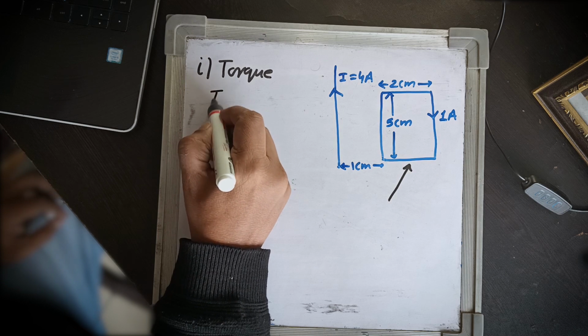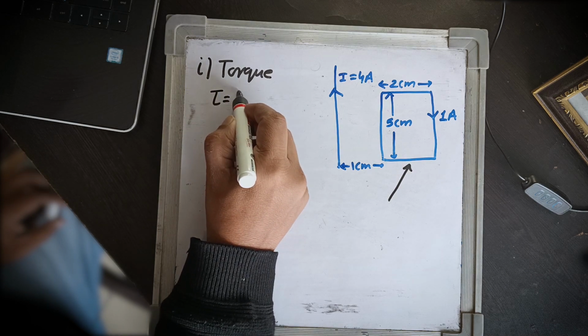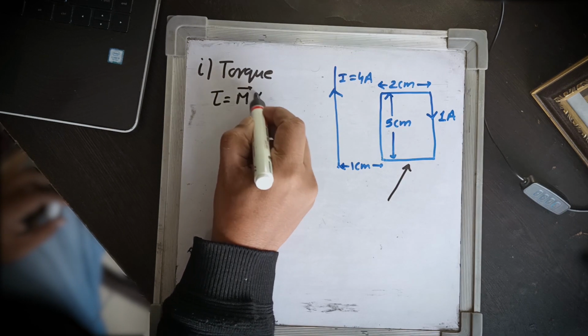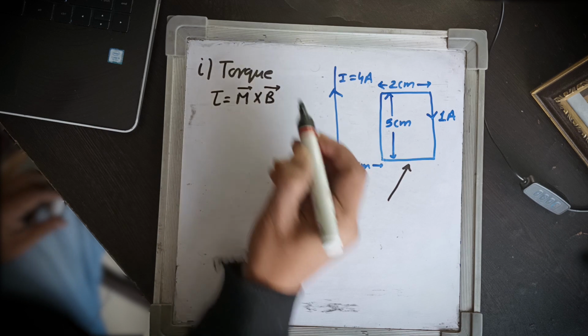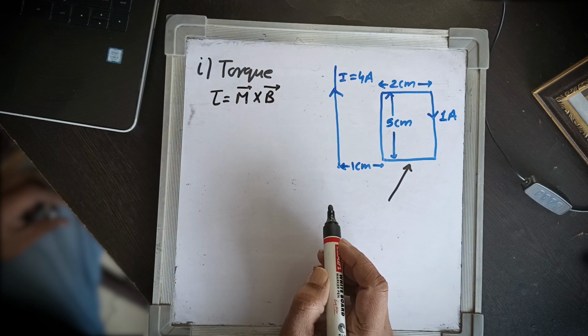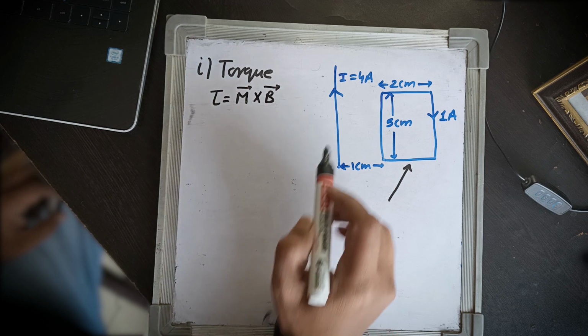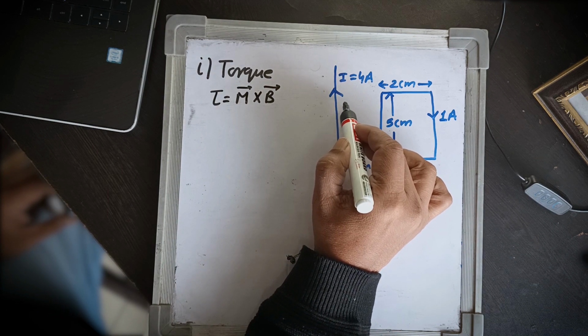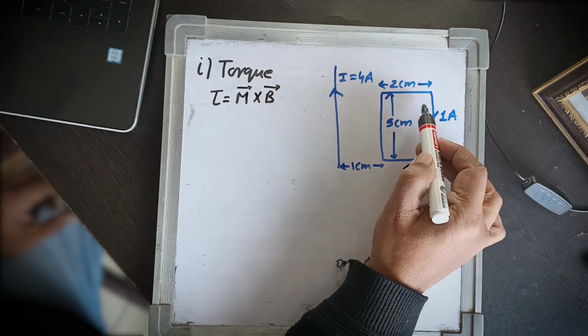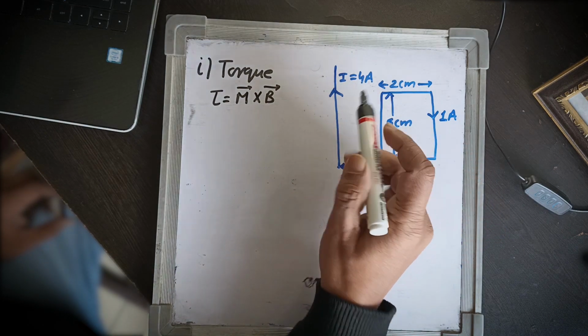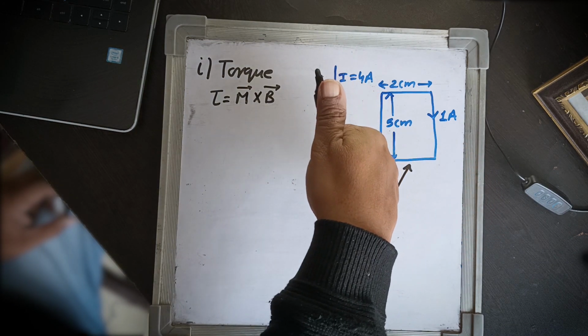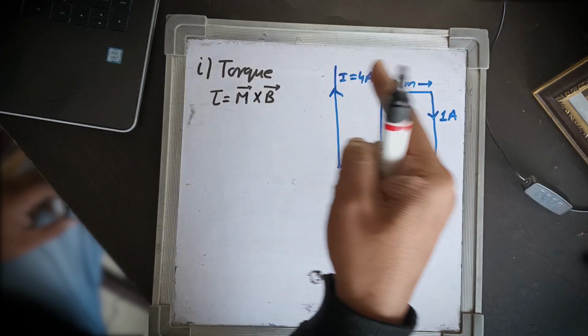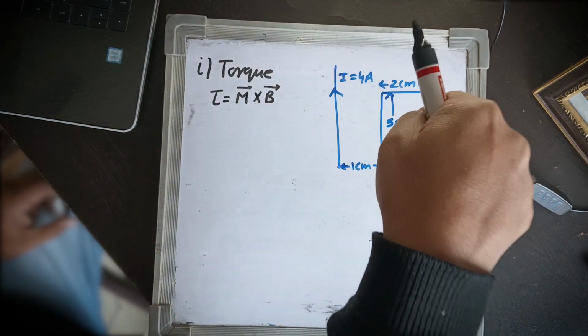We know that tau is equal to vector m cross vector B. Now, according to the right hand thumb rule, when current is flowing in this wire, the magnetic field on the loop is perpendicular, going inside.